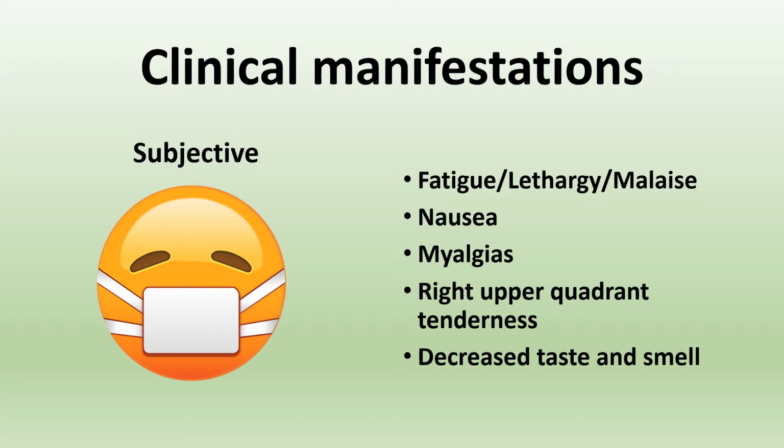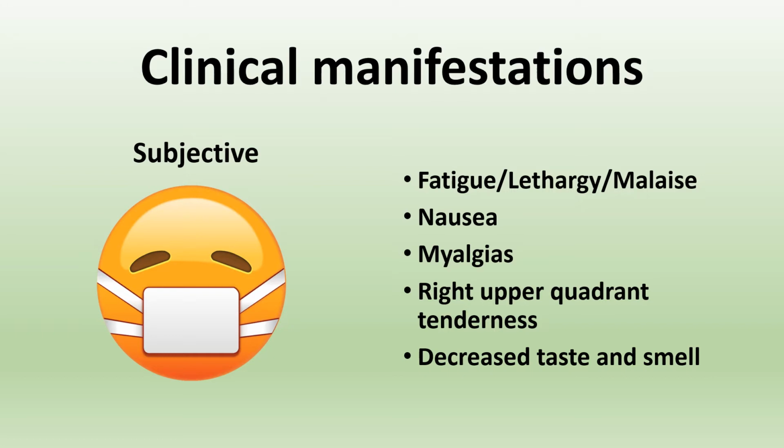Subjective symptoms of acute hepatitis may include a general feeling of illness, such as fatigue, lethargy, and malaise. The patient may also complain of nausea, anorexia, and a decrease of taste and smell.